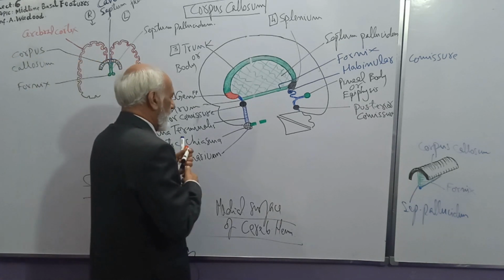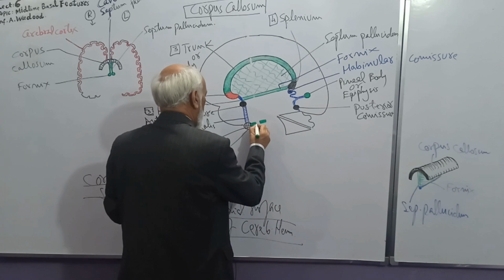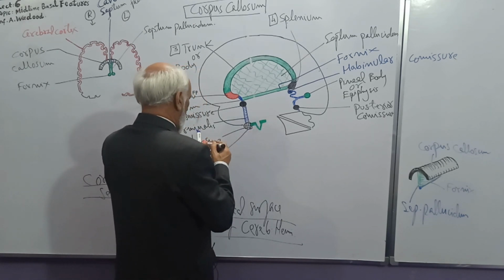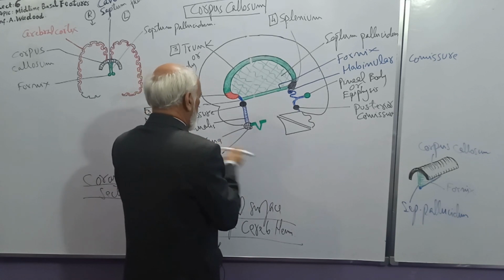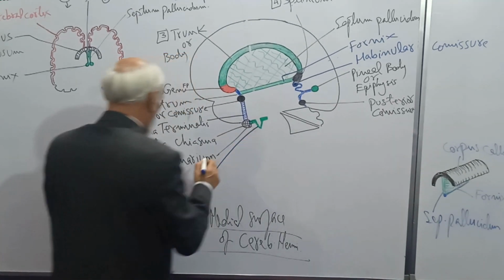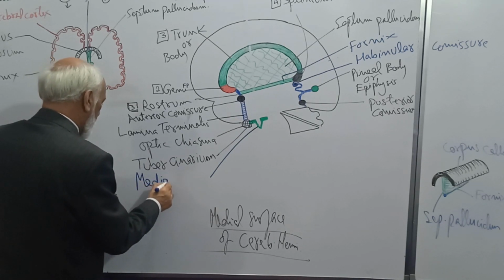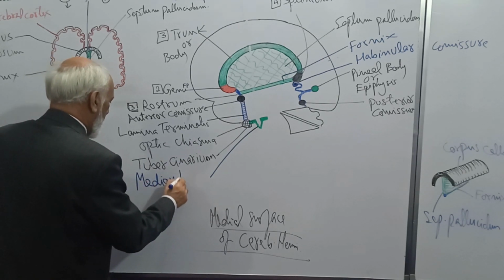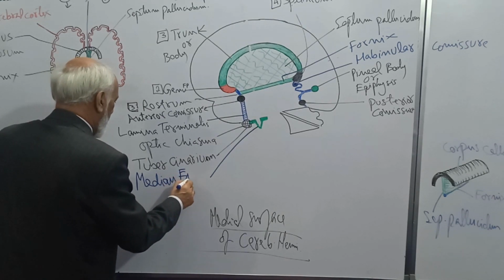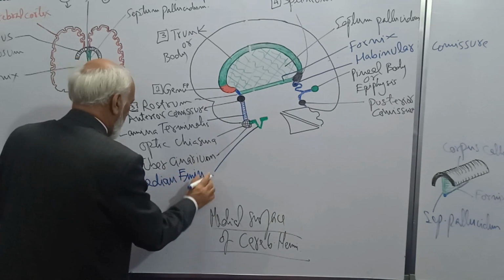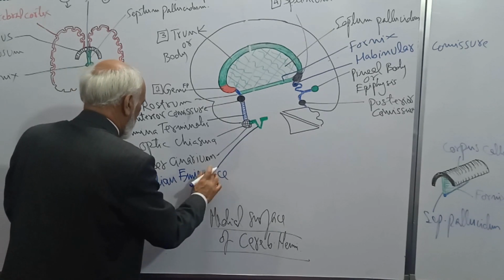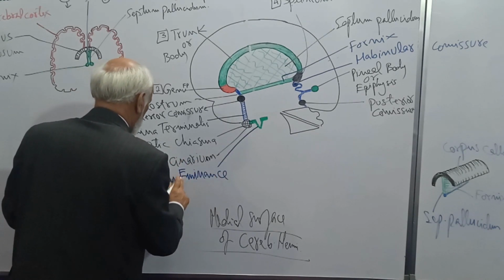Then the tuber cinereum bulges to form a small conical projection. This small conical projection is known as the median eminence.